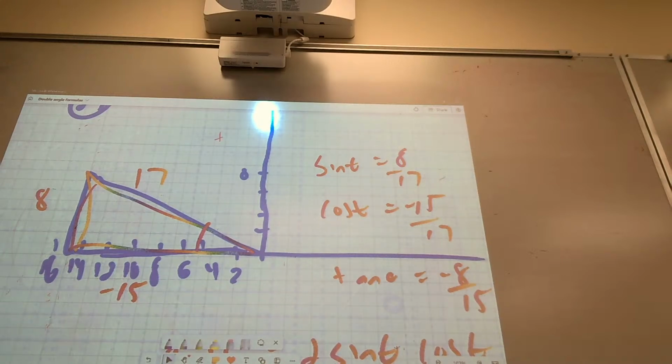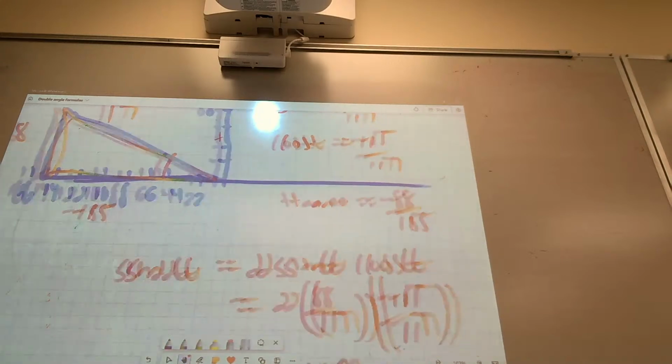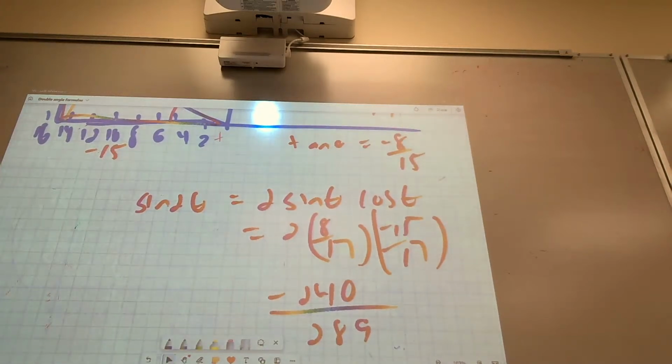Connor, do you have sine 2 theta? 240 over 289. Good. It's negative 240 over 289.